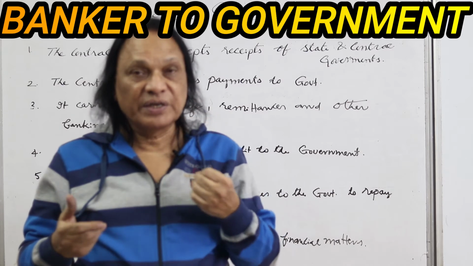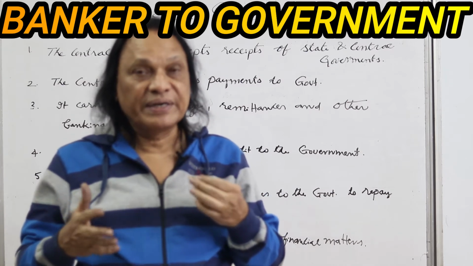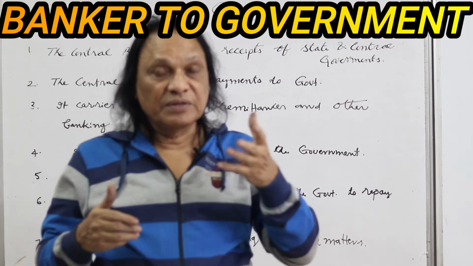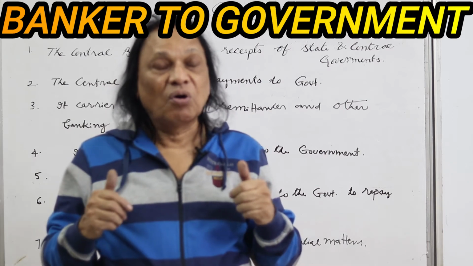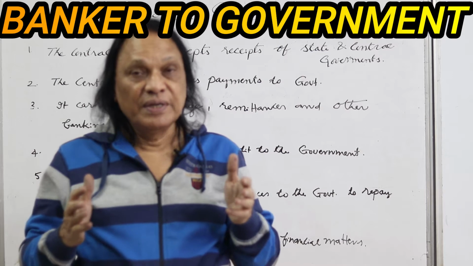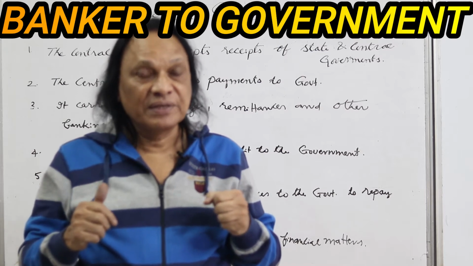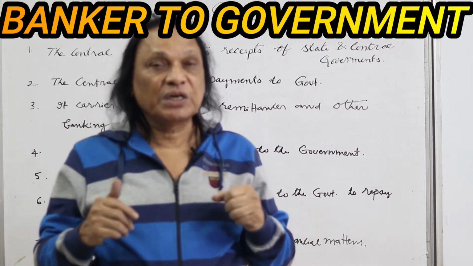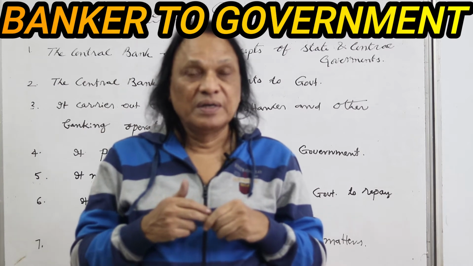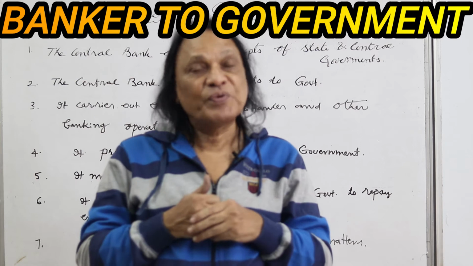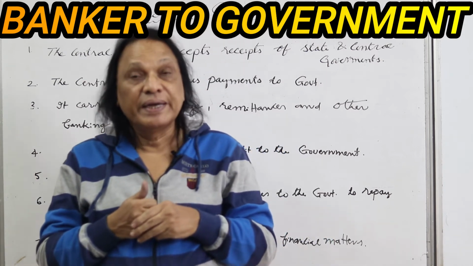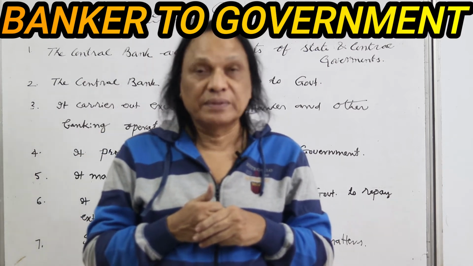The fourth function is that the central bank is the lender of the last resort, and the fifth function is that the central bank is the custodian of all foreign exchange reserves. The last function is that the main responsibility of the central bank is monetary policy, that is credit control and credit expansion. So we're discussing all these functions in detail one by one.